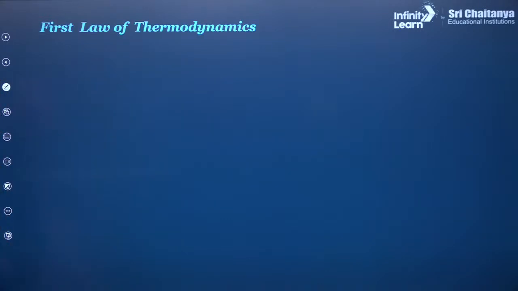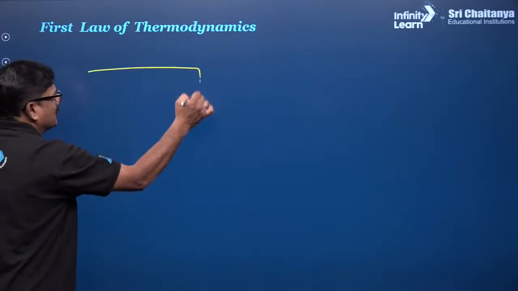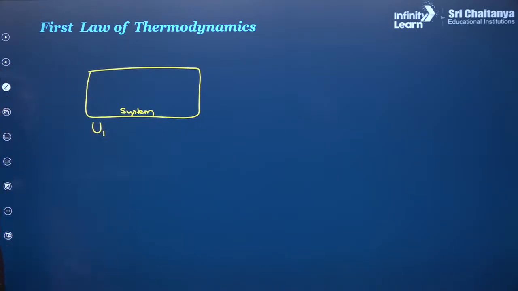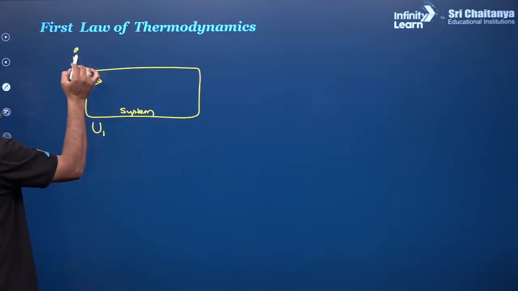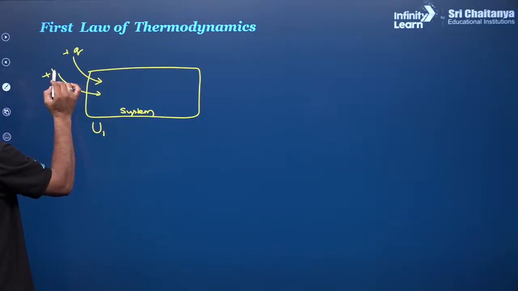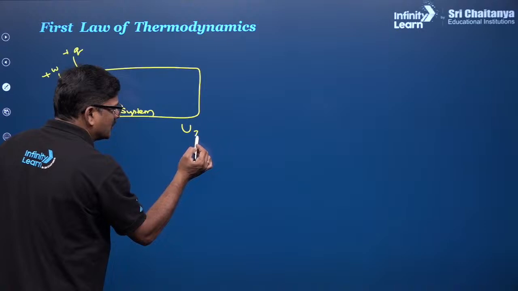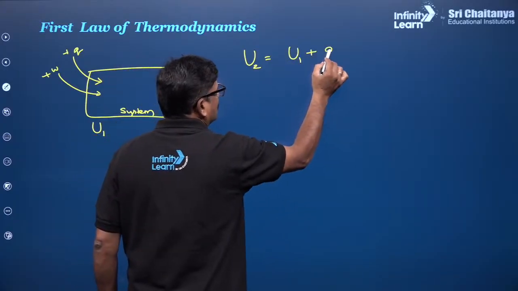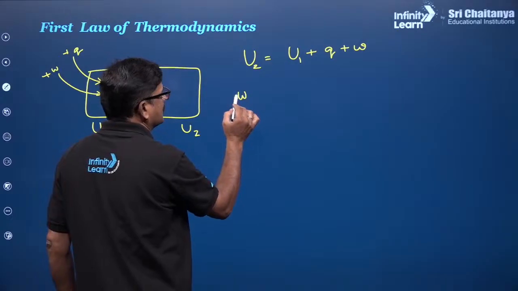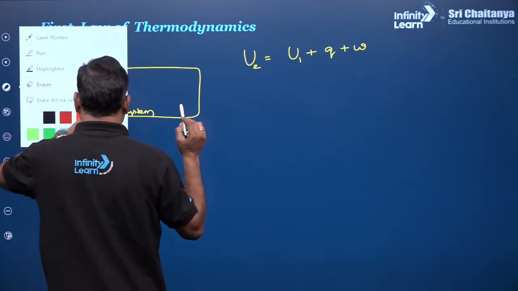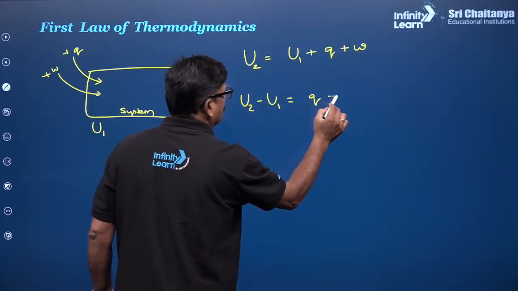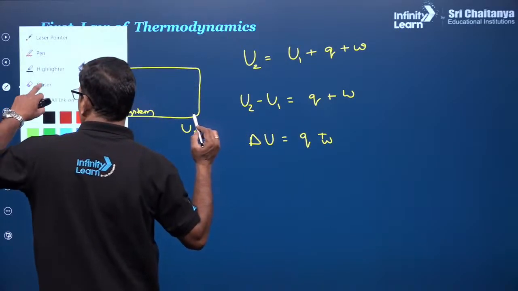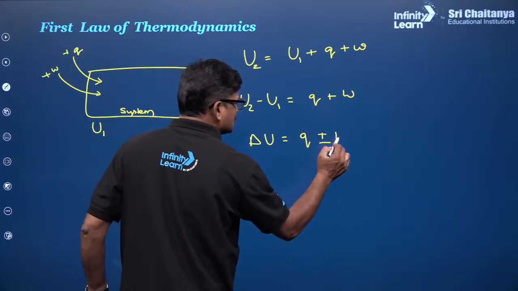First law of thermodynamics. If you consider a system whose initial internal energy is U1, and you give it some heat, and simultaneously some work is done on the system, its state changes to U2. So U2 is equal to U1 plus Q plus W, so U2 minus U1, that is delta U, is equal to Q plus or minus W. This is what is called the first law of thermodynamics.